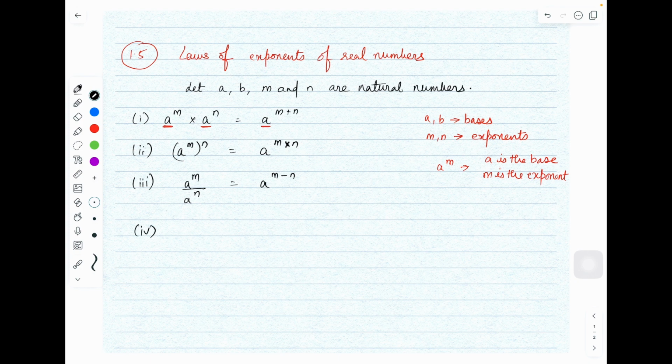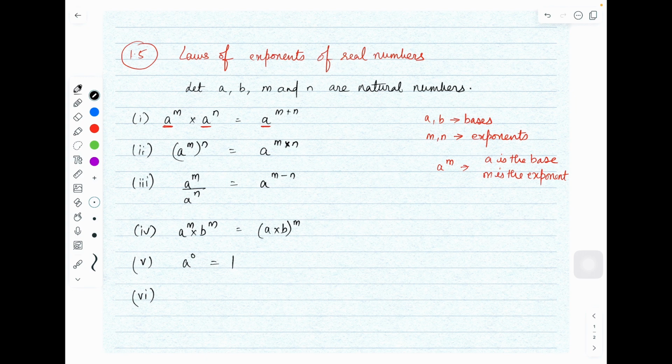If the bases are different but exponents are same and they are multiplied, we can multiply the bases and then give the overall exponent, which will be m. And any base to the power 0 is equal to 1.